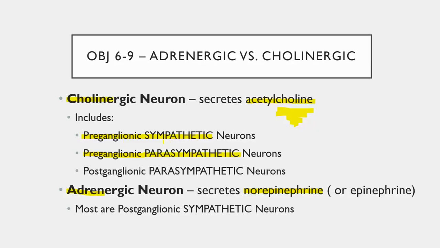Okay, all of your preganglionic neurons are going to be releasing acetylcholine. And then postganglionic parasympathetic can also secrete acetylcholine, whereas most postganglionic sympathetic neurons are going to be secreting norepinephrine or adrenaline, noradrenaline.